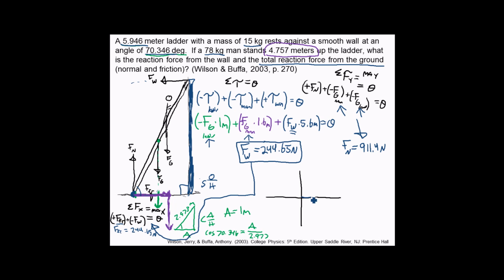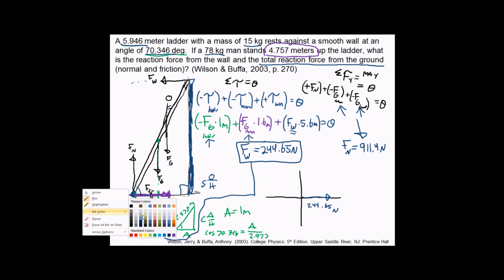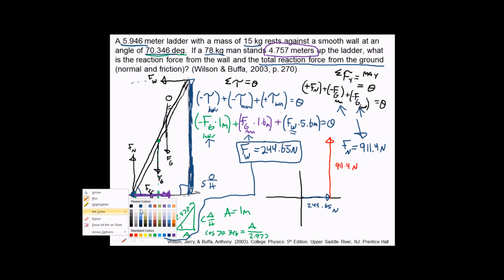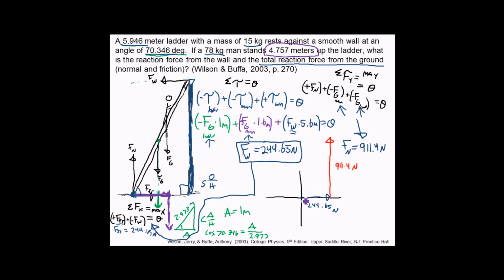We have the force of friction going to the right at 244.65 newtons. And then the normal force, remember the tail to tip method when we're adding forces, is 911.4 newtons. So our resultant will be from here to here, angle theta.